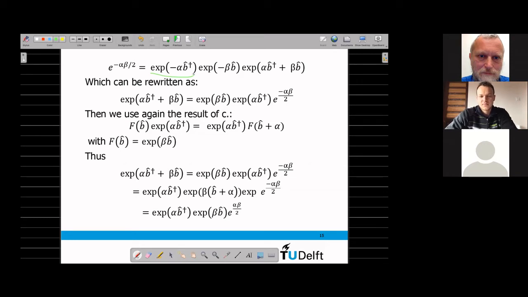And then in the next multiplication, we multiply by the exponential of beta b, again on the left. Then again, we can use the result from question C for those two functions, f of b and exponential of alpha b dagger. This time, f of b is going to be another exponential. And finally, we derive the formula.